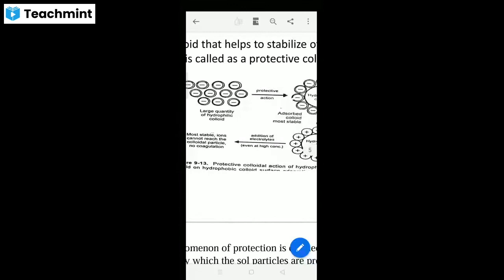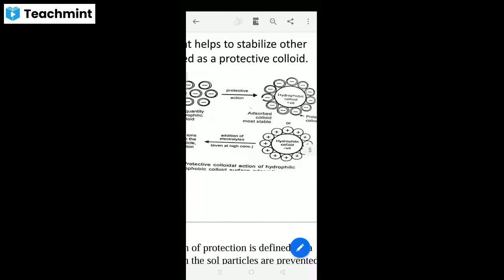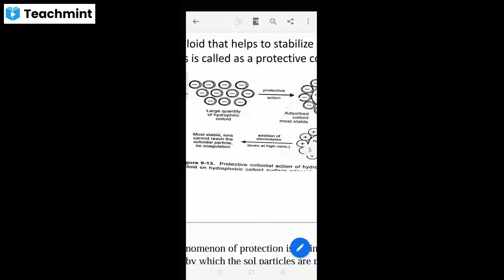Now, further addition of electrolytes even at high concentration, we get the most stable dispersion; ions cannot reach the colloidal particles, so no coagulation.